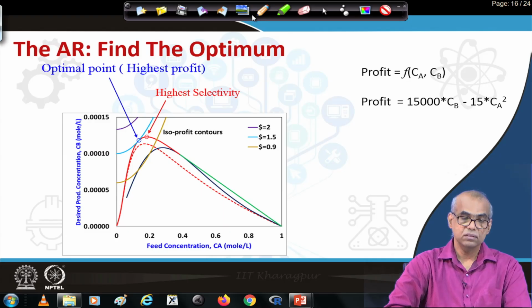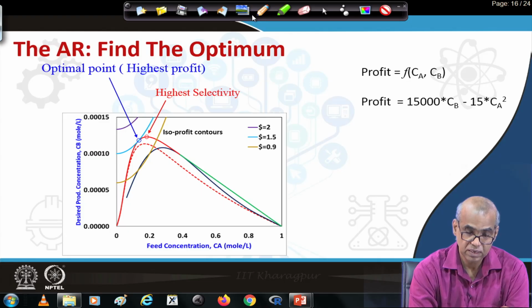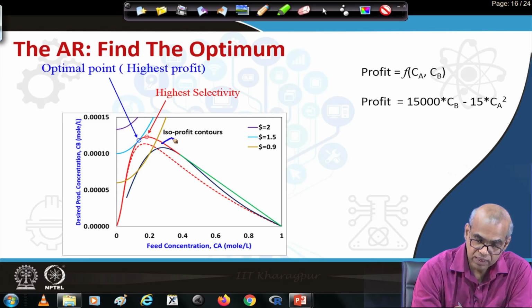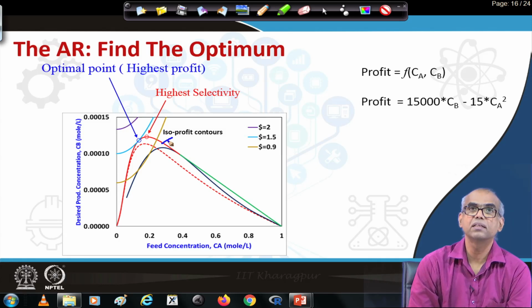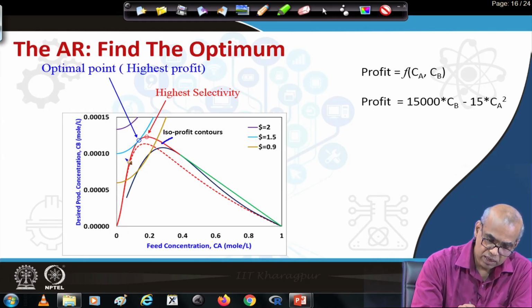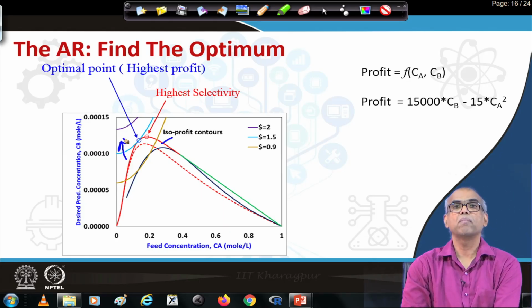So, obviously, we are interested in finding the point on this boundary of the region that passes through a contour which is as far away as possible in this direction, because that is the direction of maximum value of profit.